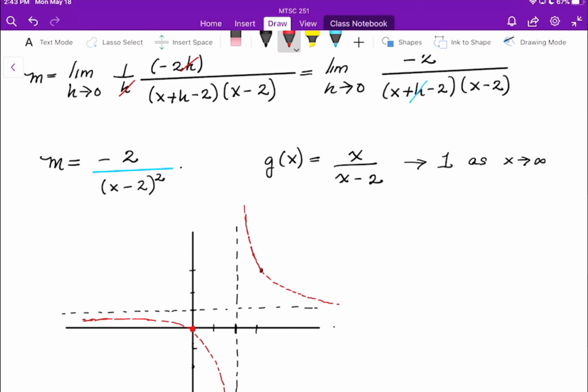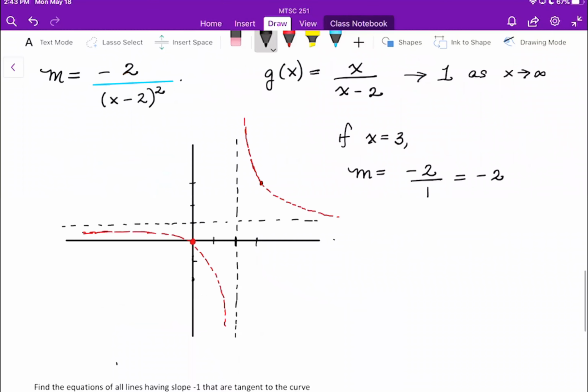Okay, so now let's look at our tangent line. So if x is equal to 3, m is equal to -2 over 1 squared, which will be 1, so our slope is -2.